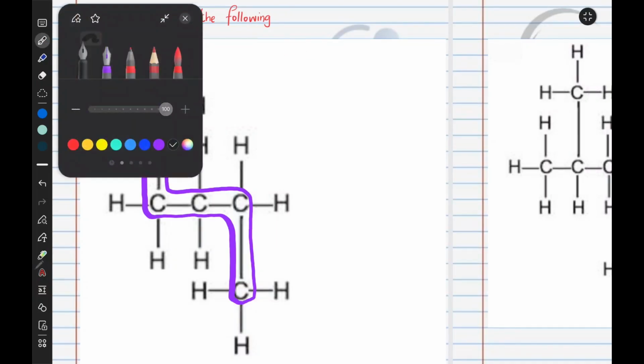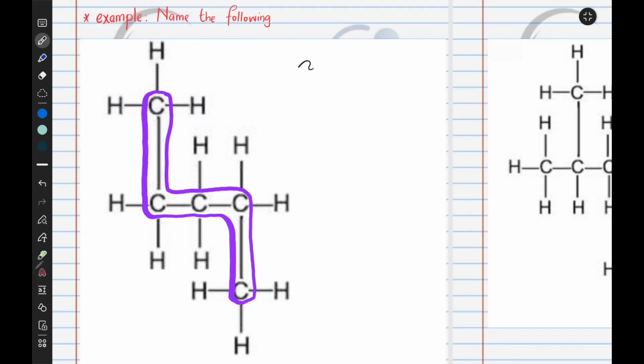It has 1, 2, 3, 4, 5 carbon atoms. It has 0 alkyl groups. So this is just a simple or a basic alkane.